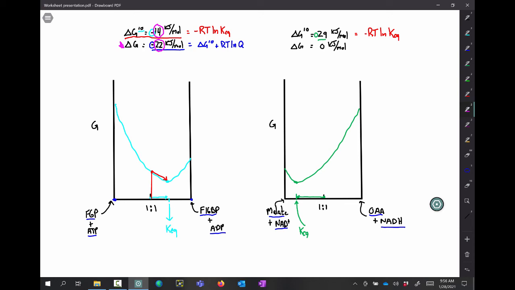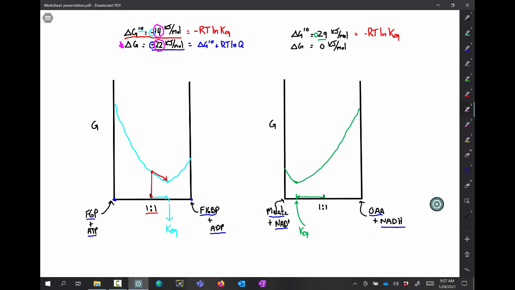We are starting, as we have said, our starting conditions for actual conditions is right here, the 1-to-1. When we then look at the 22 value, we would say that then that Q value would have to be somewhere in this quadrant of the graph.